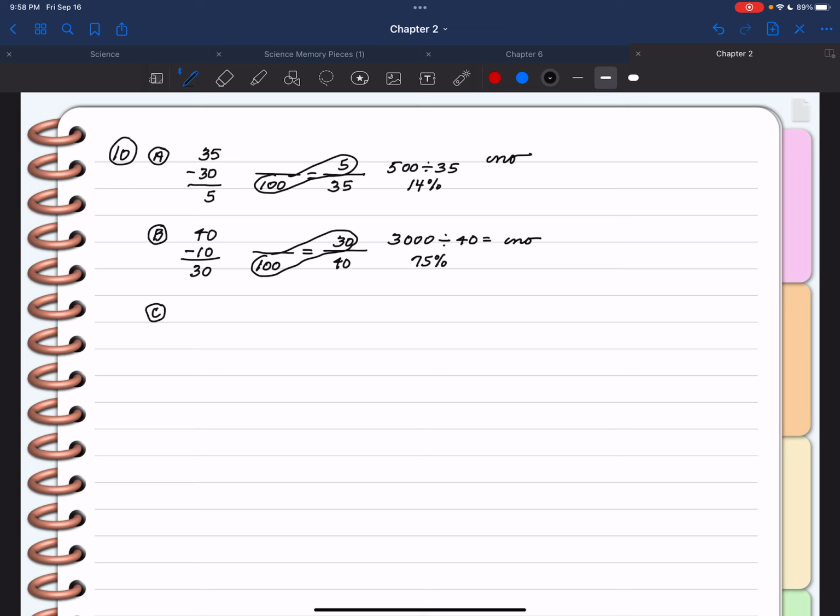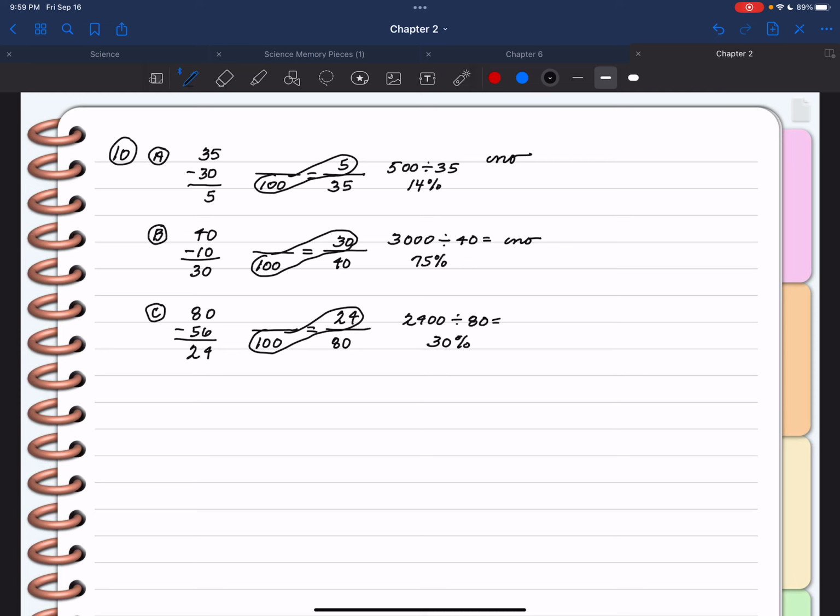Membership in a club fell from 80 people to 56 people. So 80 minus 56 is 24. And so my proportion is going to be 24 over 80. So 2,400 divided by 80 is going to be very interesting to me.